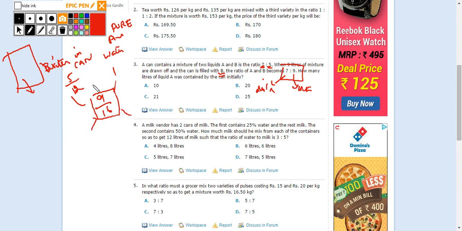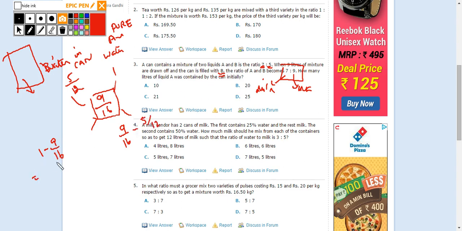So let's do alligations. Okay, this would be 7 out of 16. Let me just do it step by step so that you'd understand. This is 1 minus 9 by 16, and this here would be 9 by 16 minus 5 by 12.